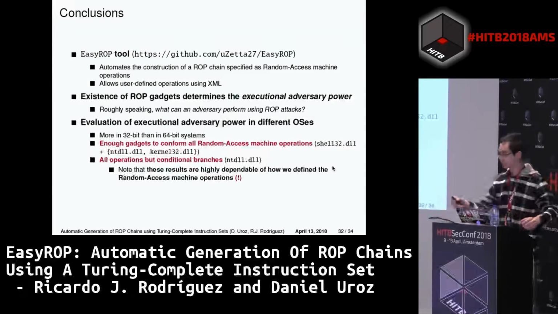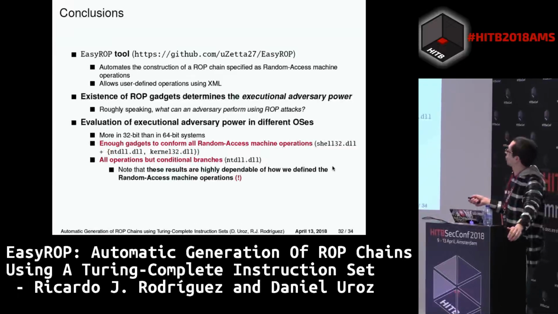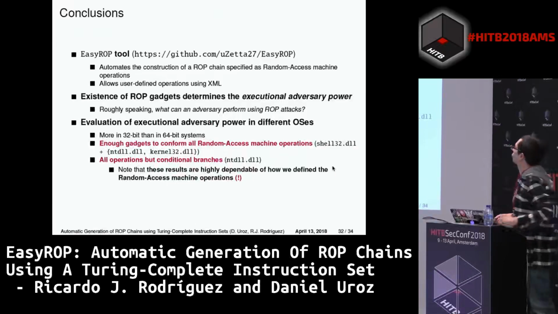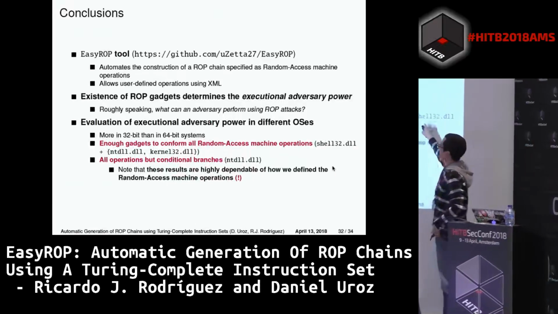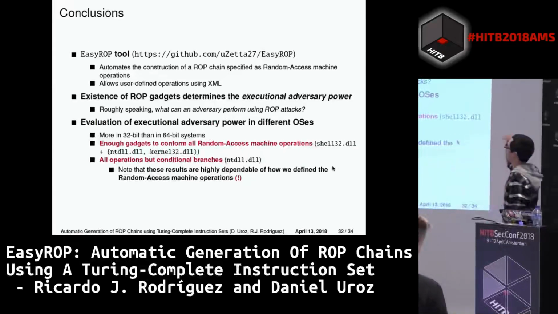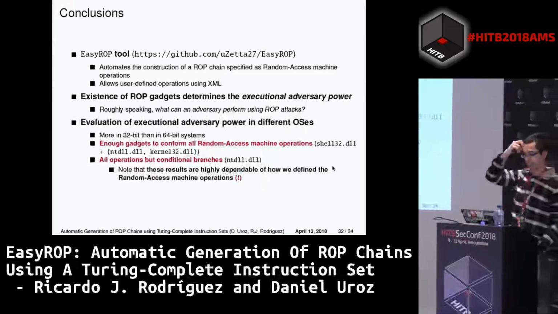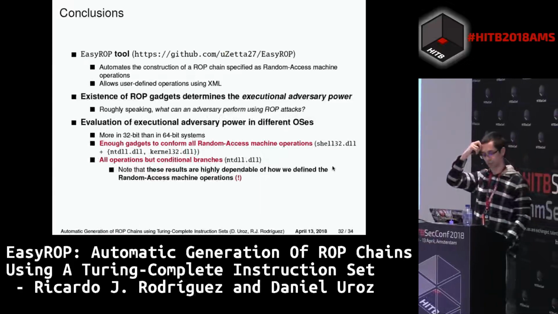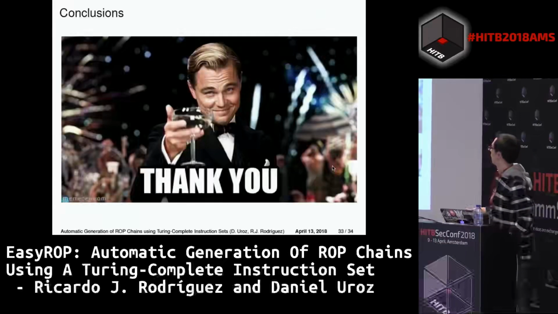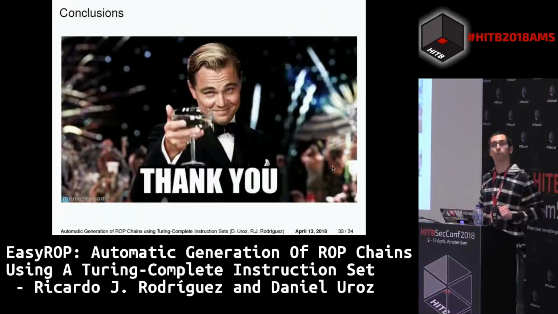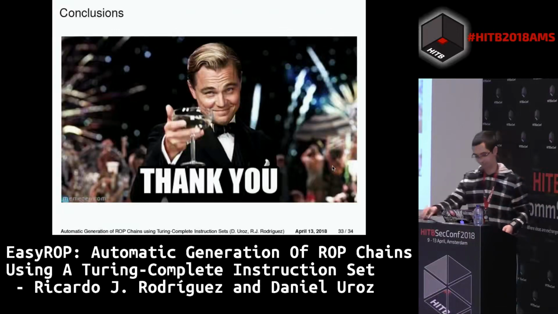We have found that the adversary is more powerful in 32 bits than in 64 bits. And that if we consider only this DLL plus some of the other set, we can perform any kind of random access machine operations. Okay, and this is all that I have to tell you. So thank you for your attendance.